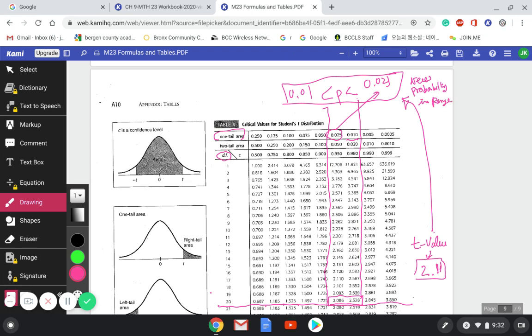When you do a z value and p-value, you get one p-value, one probability. But when you find it from table number 4, you don't get one value, you get a range of values. So the p-value is between 0.01 and 0.025.